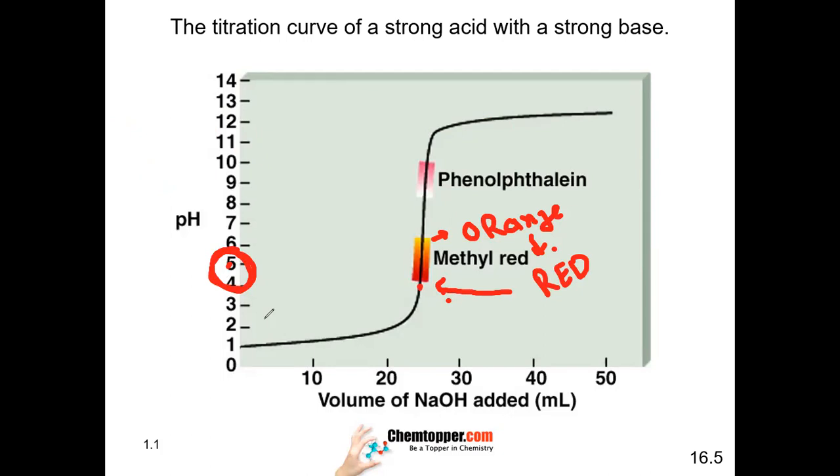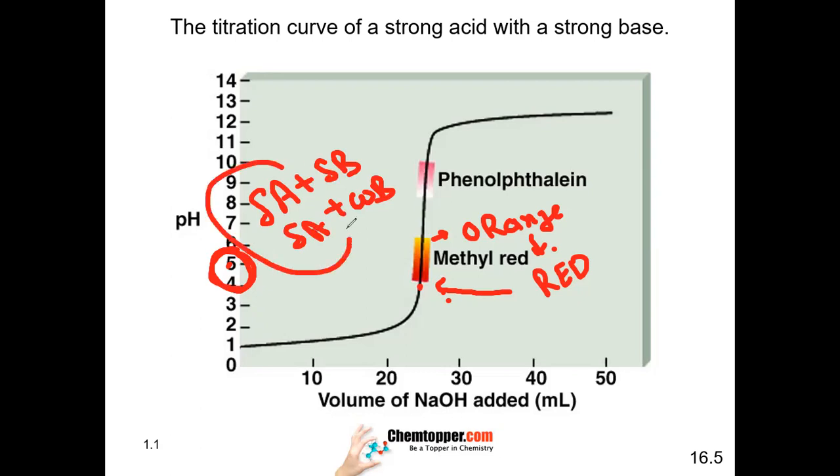A strong acid. So whenever you're using a strong acid with a strong base or with a weak base, in the presence of this strong acid, methyl red is again the best indicator, because strong acid will drop the pH very close to this area. Definitely the color will change as you add one extra drop of acid.